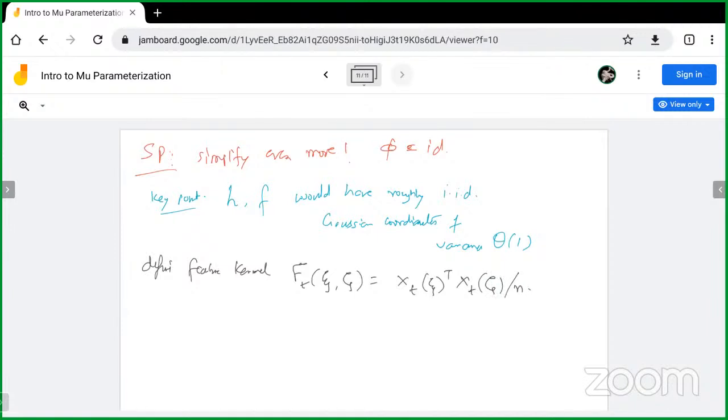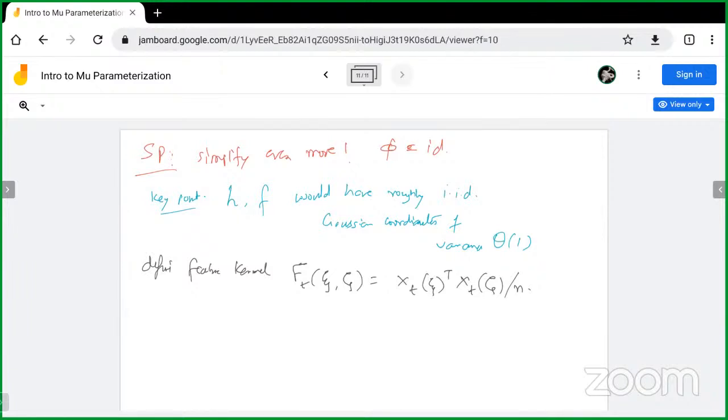So what you're saying is that you take your learned feature, which is x_t at time step t, and think about it as a function of your input theta. And then we define this kernel function as this quantity here.